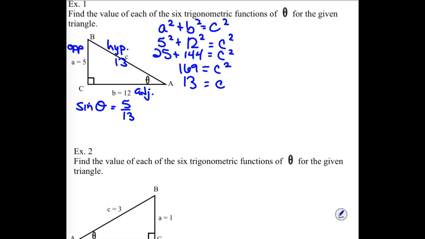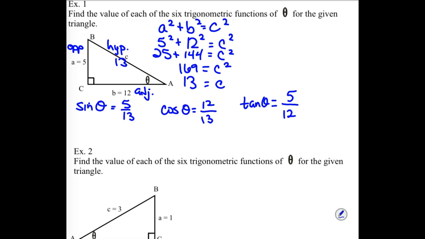Cosine of theta. Which sides do we use for cosine? Adjacent and hypotenuse. So 12/13. And then tangent. Tangent is opposite over adjacent. So 5 over 12.